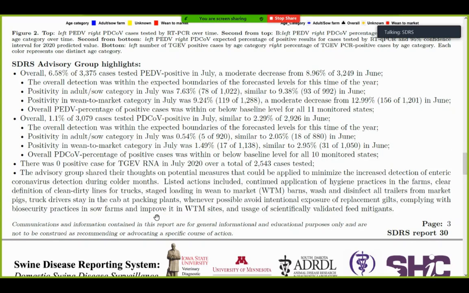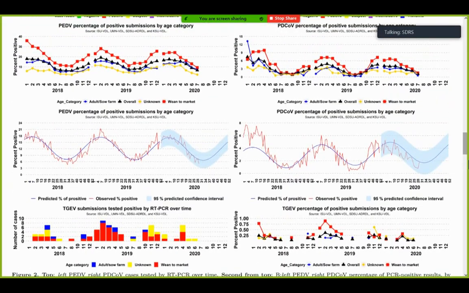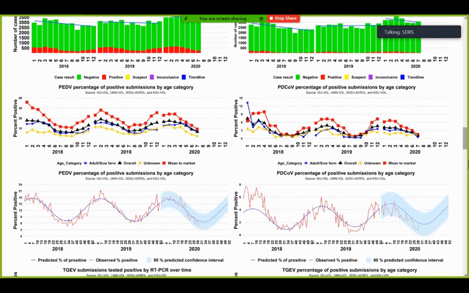When moving animals to the packing plants, the drivers should stay in the cab, and whenever possible, avoid intentional exposure of the replacement gilts with the live virus, and of course, comply with biosecurity practices in sow farms and improve it in winter finish barns, and usage of scientifically validated feed mitigants.